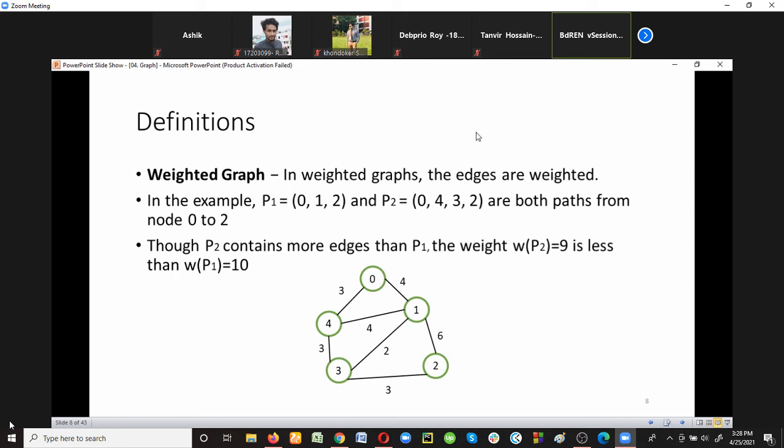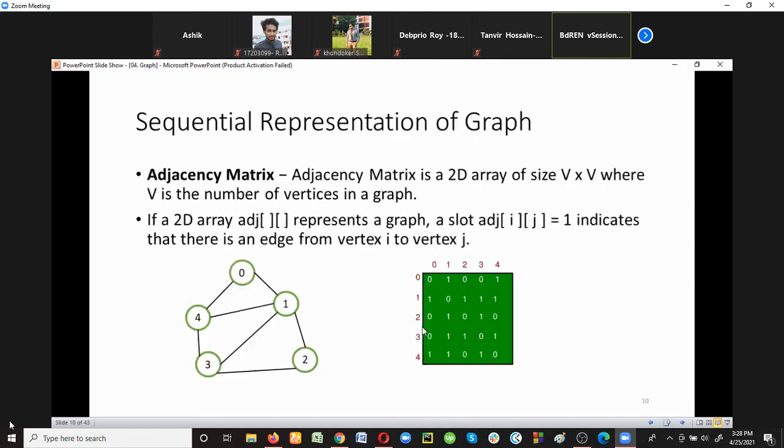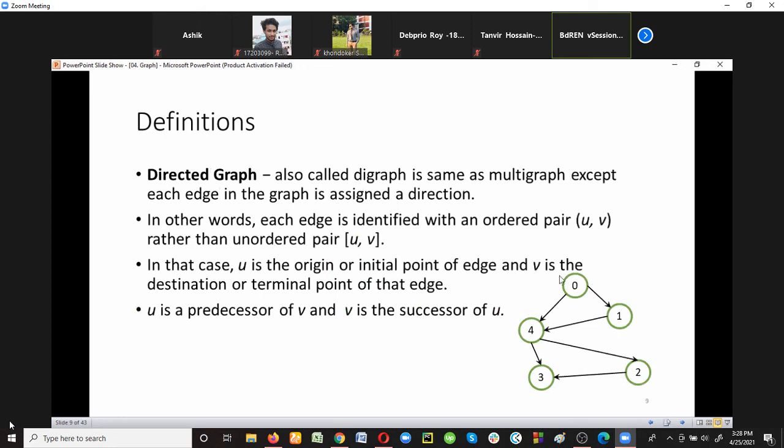So this is for the undirected graph. What about directed graph? Suppose this one. So now in this directed graph, the directions are given. So now we know which one is the starting point. For any edge, we can find out which one is the starting point and which one is the end node, right? And each node in this directed graph can have 2 types of degree.